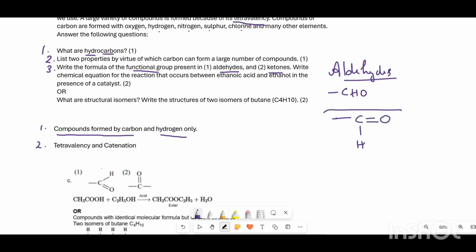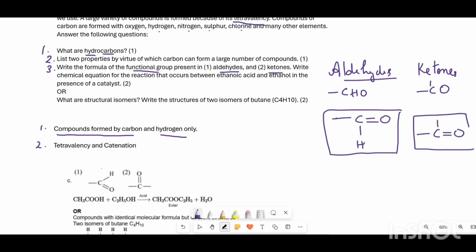This is the detailed structure of aldehyde. And for ketones, CO. There are two valencies to be satisfied, so you should put two bonds. The detailed structure will be C double bond O with a single bond on each side. Simply we say CO. That is for ketones.